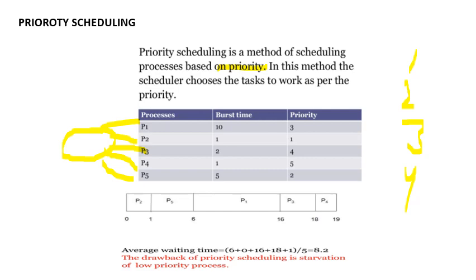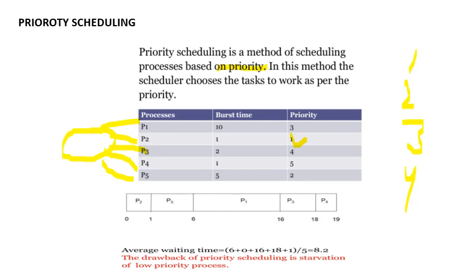According to our criteria, 1 is the highest priority, and this is held by process P2. So process P2 will get the first chance for execution.